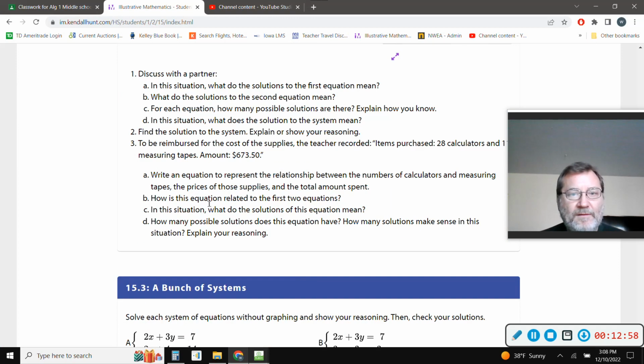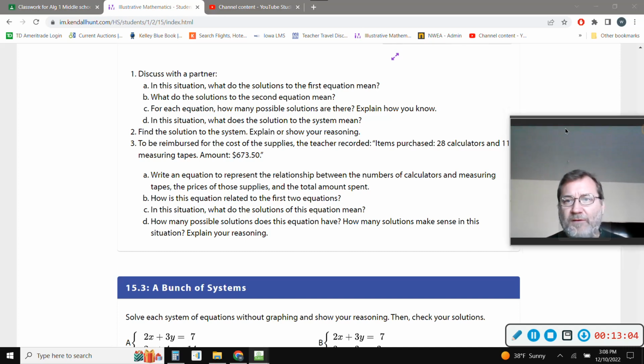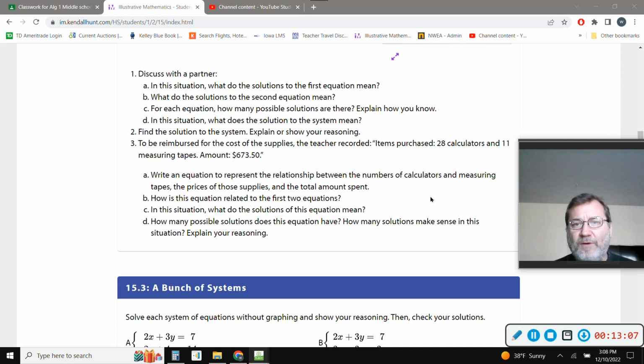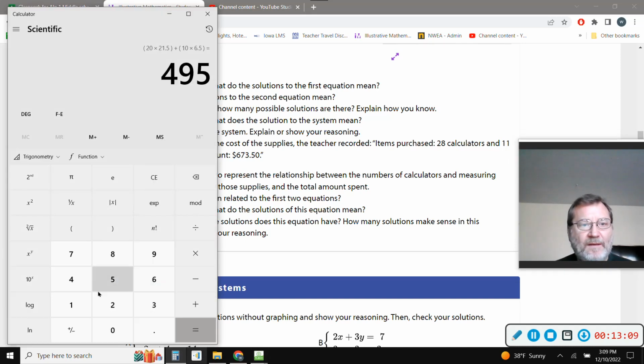And we pretty much explained everything that we did here in all of our talk. You can actually go ahead and check this with the other equation on the calculator. I'll clear everything.